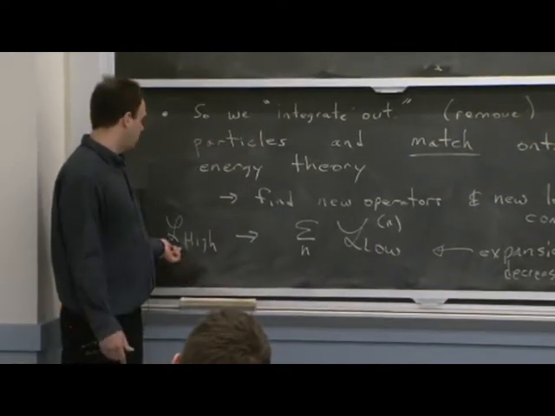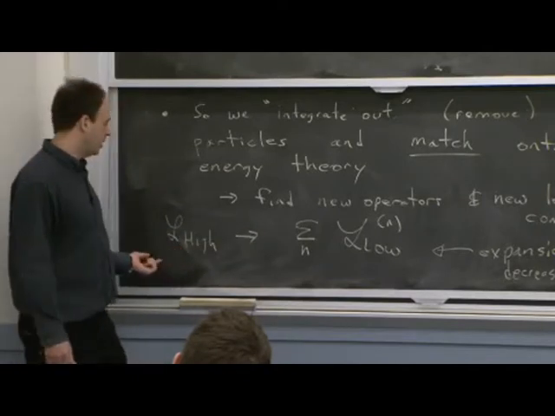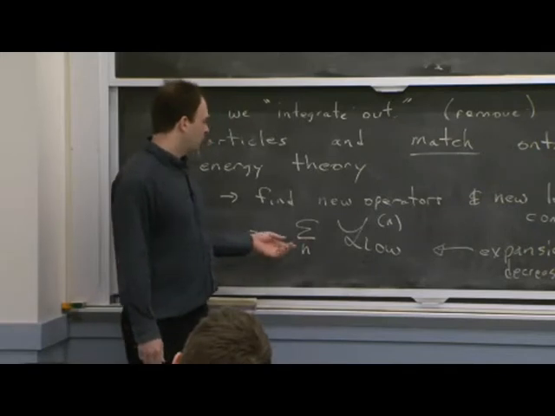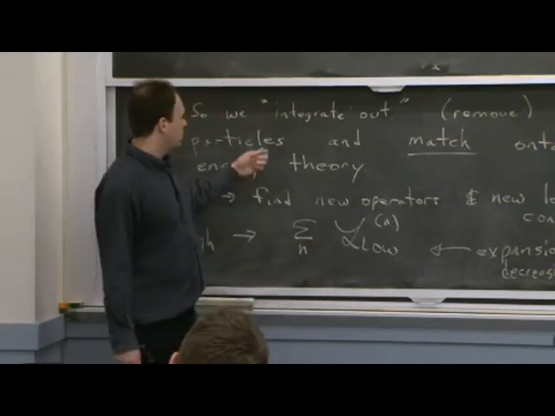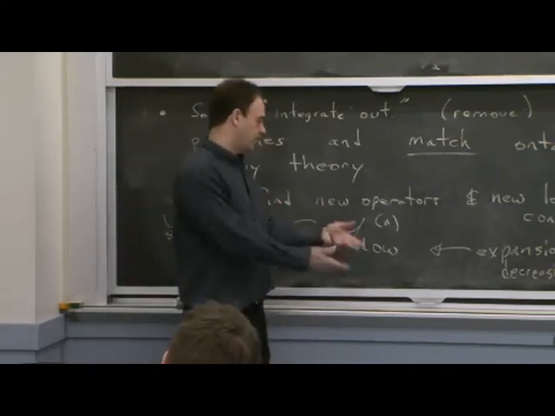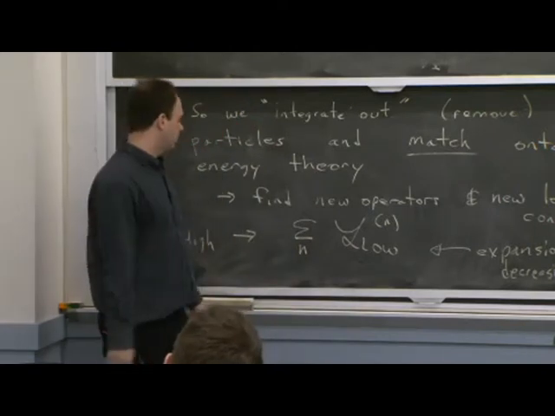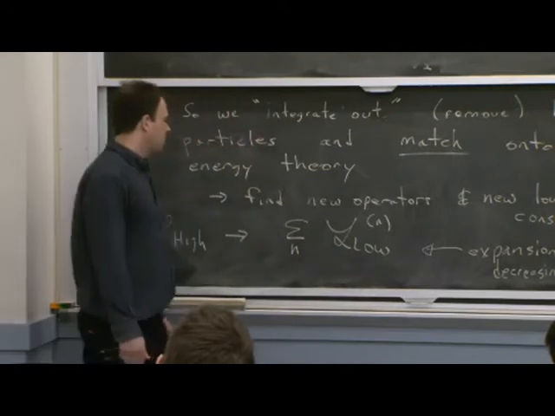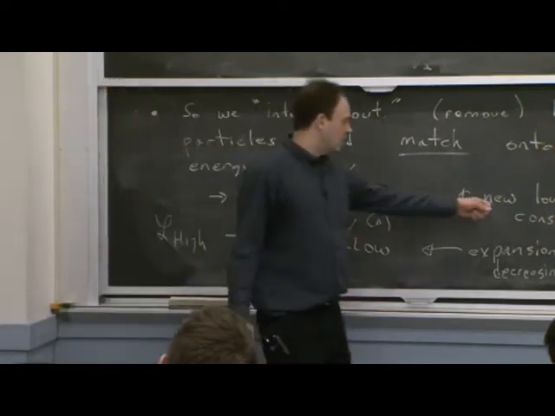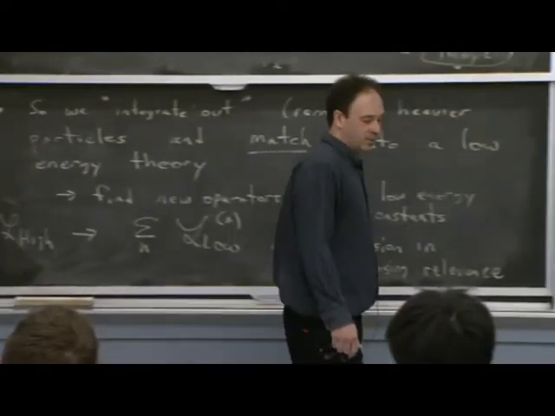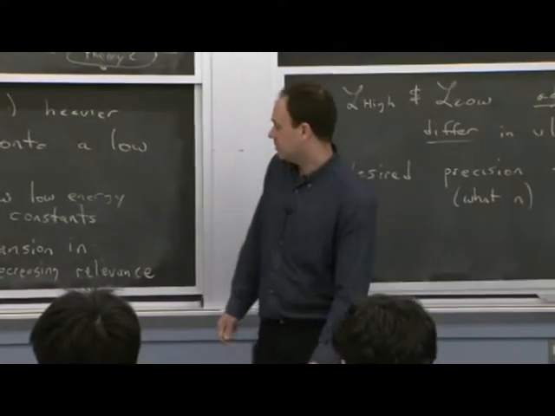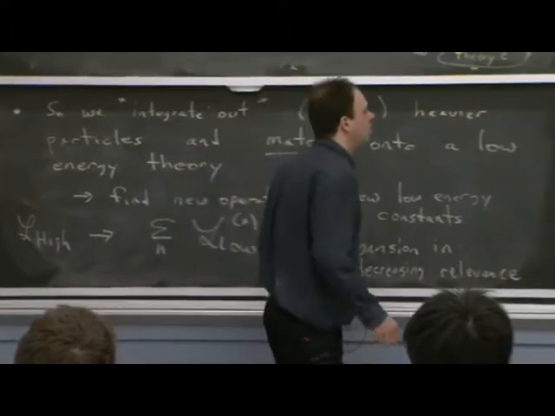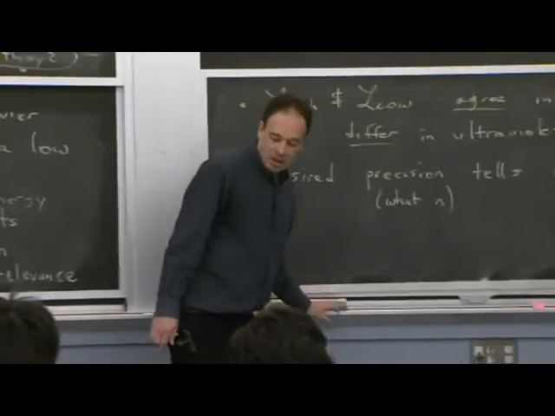If you did that, then just doing this procedure would allow you to figure out what is the non-perturbative physics and what is the perturbative physics. You'd separate out the infrared physics into operators. You'd have operators built out of the infrared fields, and those operators would describe the non-perturbative physics. And you'd have some new low energy constants, which would describe the perturbative physics. And some of the examples that we'll do, we'll make use of that, probably.